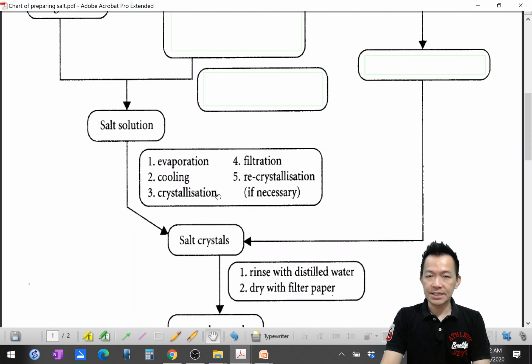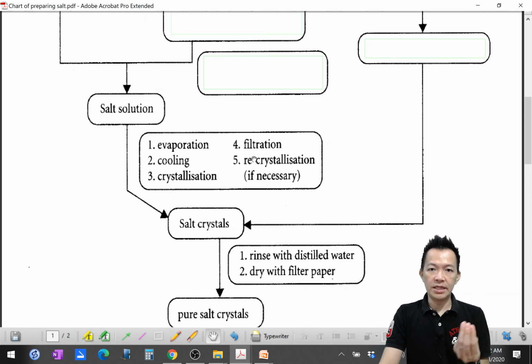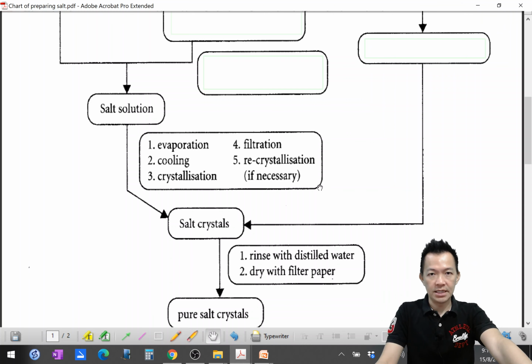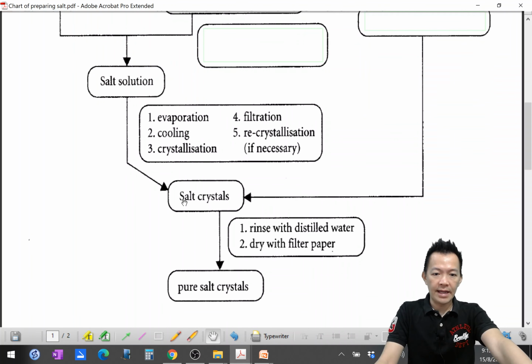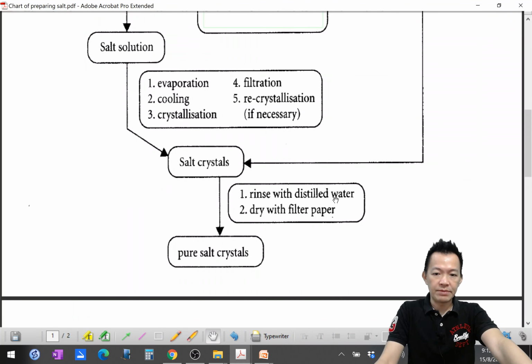So after the crystallization, filter the crystals, 把你的水晶过滤出来。Okay, and if your salt is not pure, 就你盐呢不纯正，carry out recrystallization if necessary 了。如果能的话，进行 recrystallization 就是重新做水晶。Okay, so at the end, you get a salt crystal, 拿到你的盐了。Rinse with some distilled water, 用蒸馏水冲几下。Dry with filter paper, 用你的 filter paper 吸干。And now you get the salt crystal.